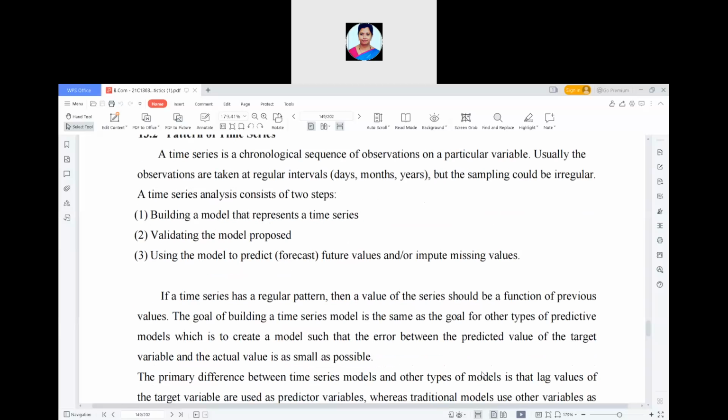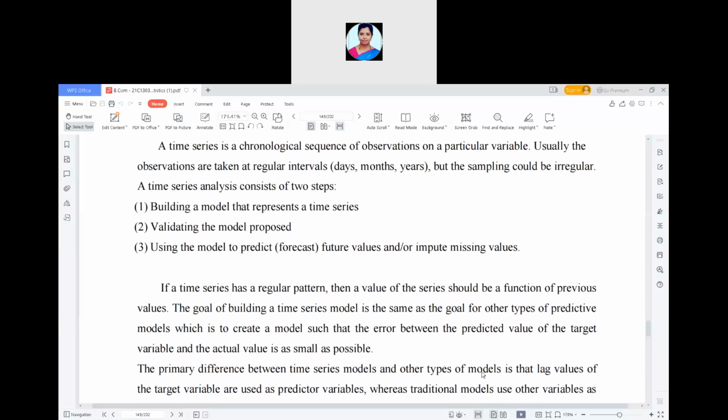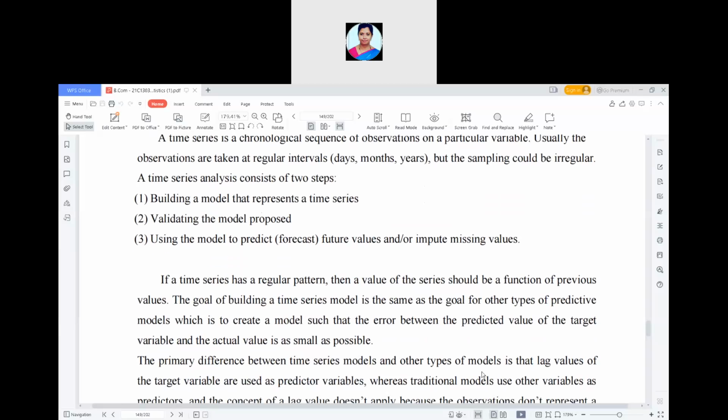If a time series has a regular pattern, then the value of the series should be a function of previous values. The goal of building a time series model is the same as the goal for other types of predictive models, which is to create a model such that the error between the predicted value and the actual value is as small as possible.